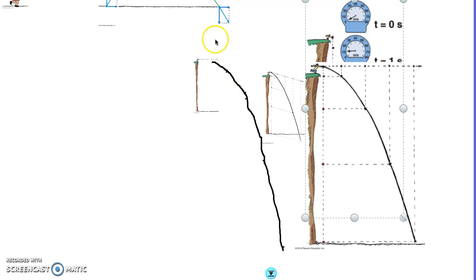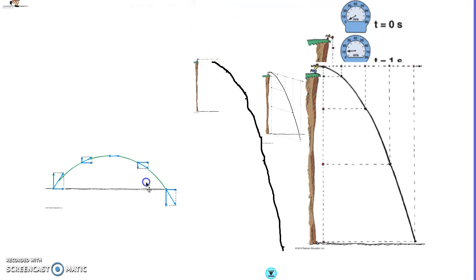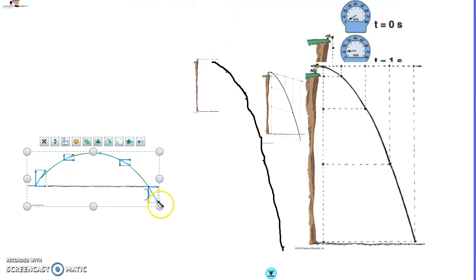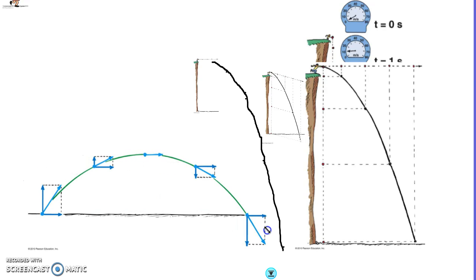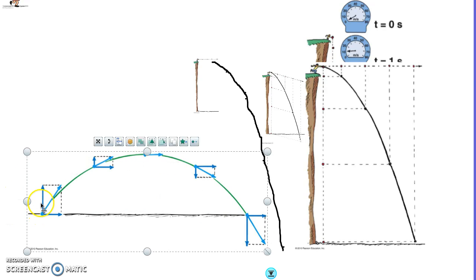Let me just get these out of the way for just a second. Let's look at this one here. This is just generally showing that if you throw something up in the air, there's a vertical component and there's a horizontal component, so it gives a curved path in between. Notice as it goes up, what happens to the vertical component? It's losing kinetic energy, so that becomes smaller until it reaches the top, at which point there is no continuing vertical.